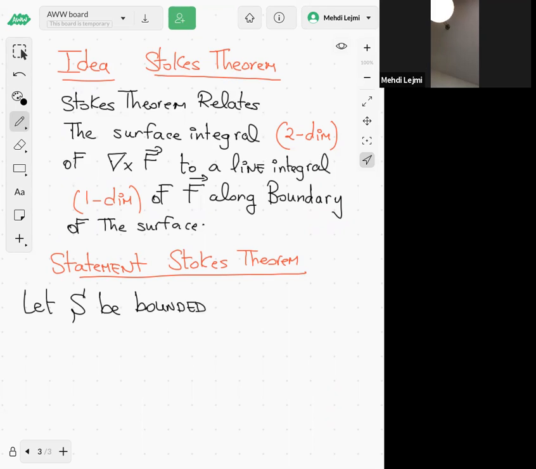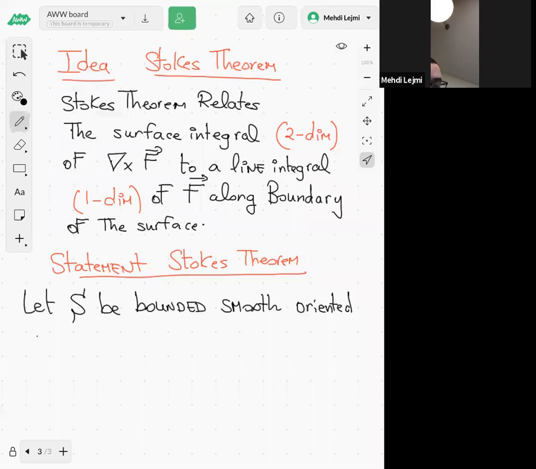Bounded means in some sense that the surface S has a boundary. We know what we mean by smooth: the normal vector T_u cross T_v is not zero. Oriented means it has an orientation. We discussed a lot the orientation of surfaces, and we said that if a surface is orientable, then it has two possible orientations.